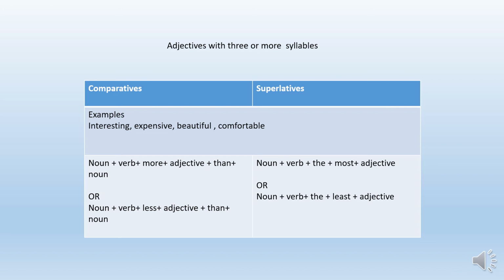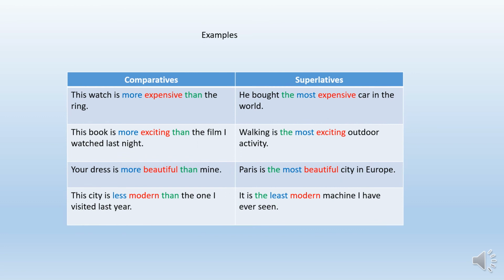We are going to add the word more before the adjective and then than, or less plus the adjective and then than. For the superlative, we are going to add the plus most plus the adjective, or the plus least plus the adjective. So we are not going to add est to the adjective here. So let's see the examples.